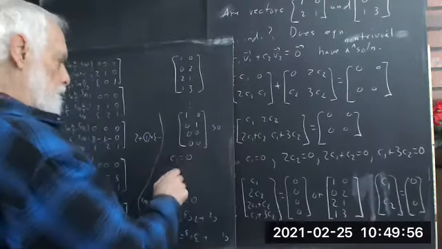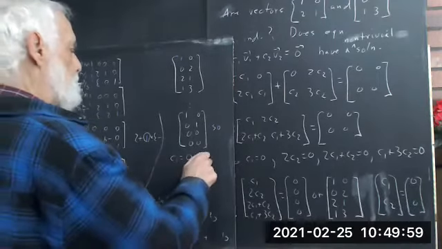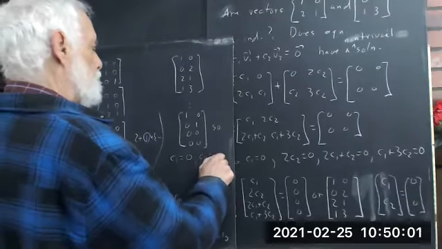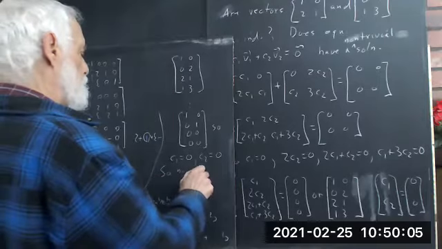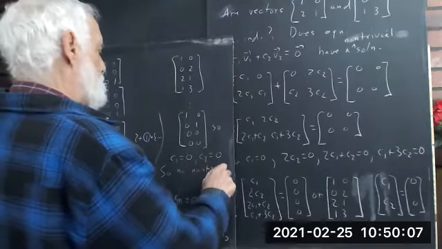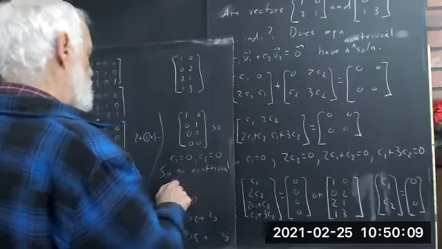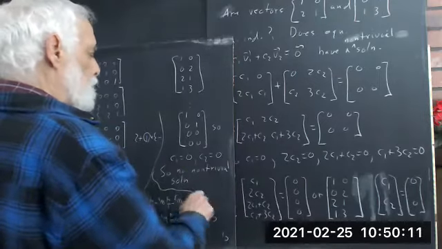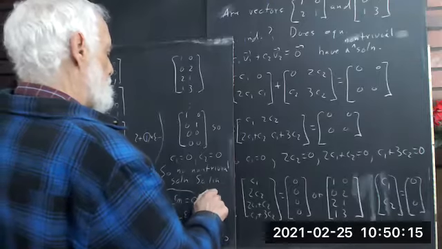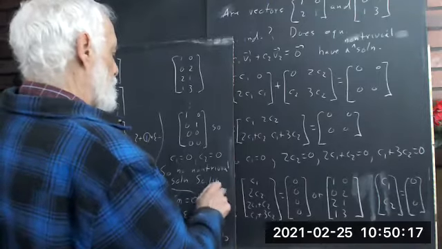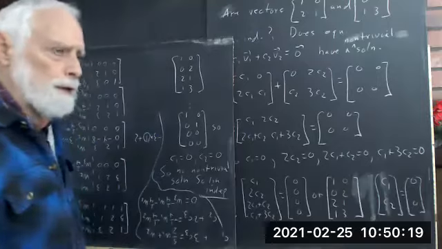Which then translates to C1 equals 0, C2 equals 0. There's no non-trivial solution. So the system is linearly independent.